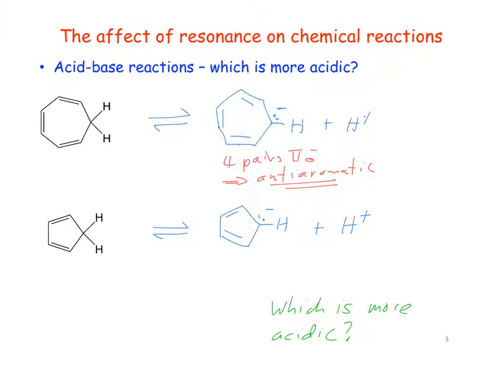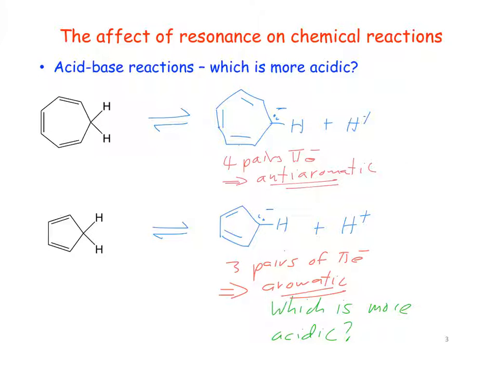Again, we have a ring. We could have p orbitals on all if we make this position here be sp2 hybridized. Could be planar. So how many electrons do we have here? We have 1, 2, 3 pairs of pi electrons. So what does that mean for this structure? This structure is aromatic, right?